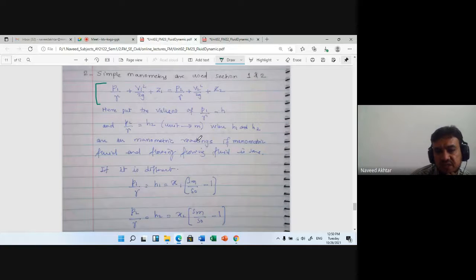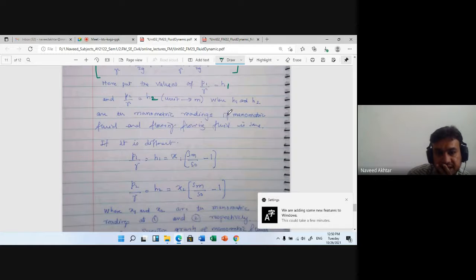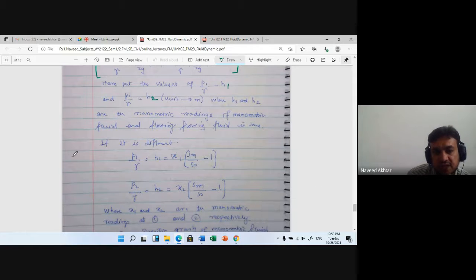From this equation you can find out the velocity, if the manometric fluid and the fluid flowing are the same.